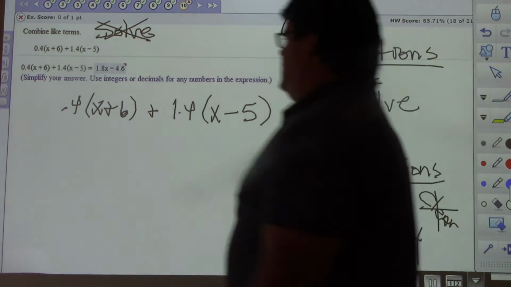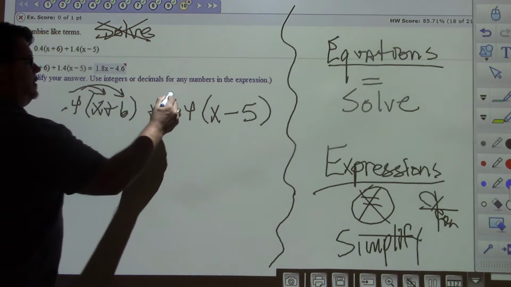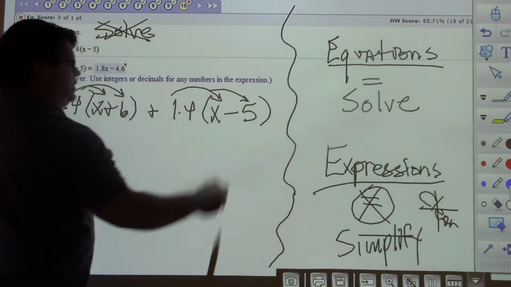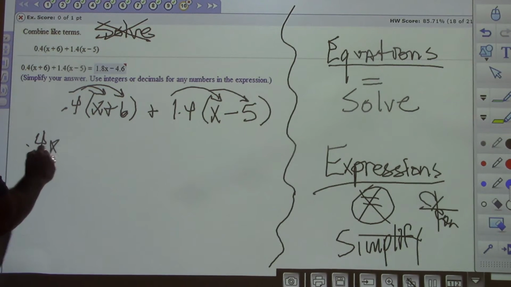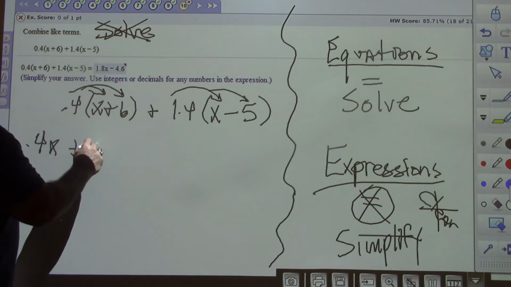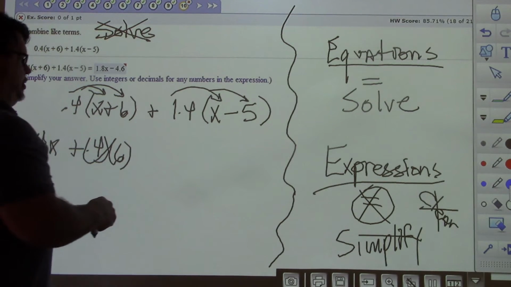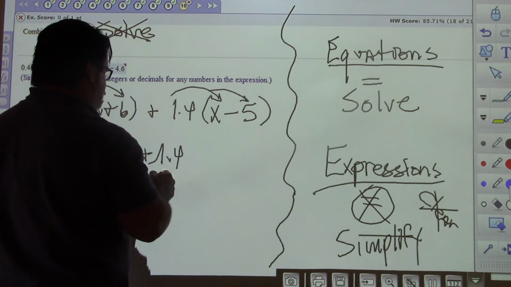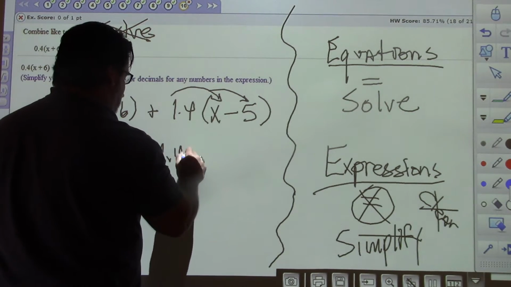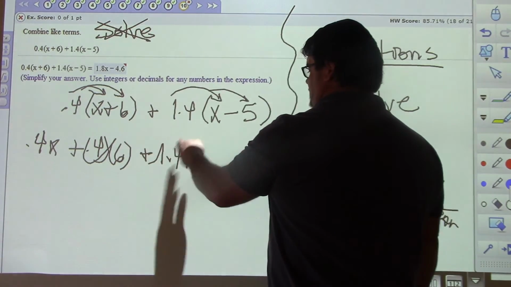So that's going to be 0.4x plus 0.4 times 6 plus, hold on, 1.4. I don't know why this thing is doing this, and I've tried everything to fix it, but I don't know why it's doing all this stuff.